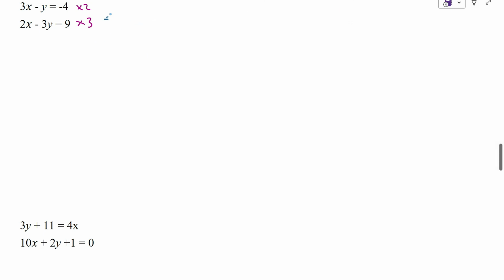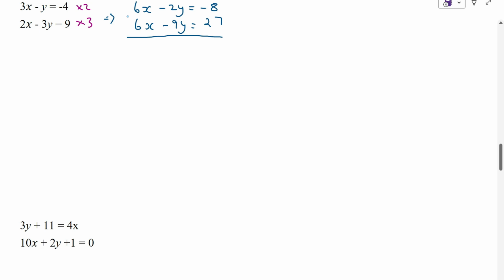Now that is going to give us 6x minus 2y equals minus 8. So we're multiplying the whole equation, all of the terms. Bottom one, 6x minus 9y equals 27.